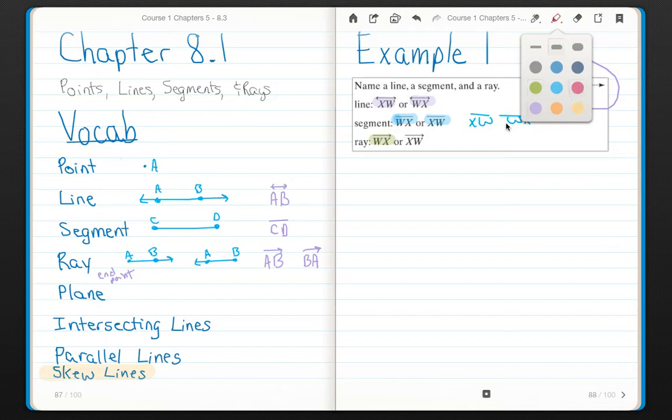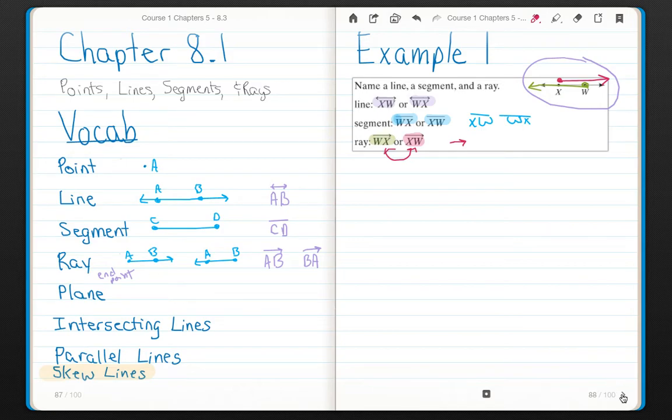However, ray XW says I'm starting here and going this direction. Notice that the symbol is the same for both. It goes that way. The only thing that changes is that the letters reverse. Okay, so those are points, lines, segments, and rays.